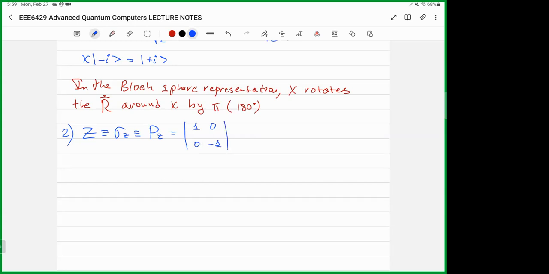We considered this matrix some time ago, right? And the eigenvalues of this matrix are 1 and minus 1. This matrix is diagonal. In the outer product representation, I can write the same this way: the 0, 0 element minus the element 1, 1.